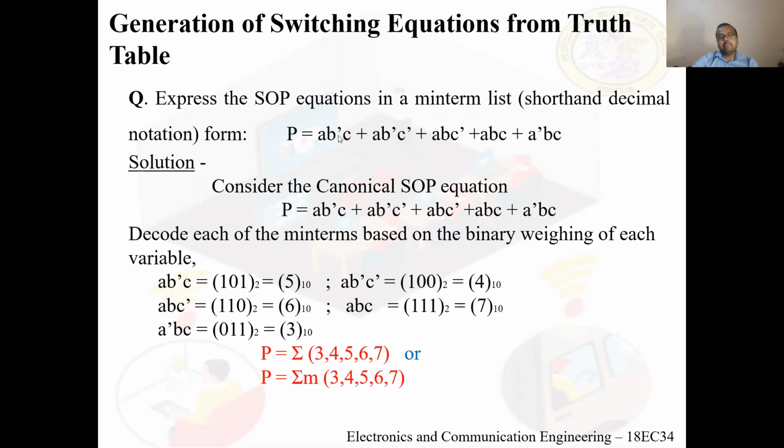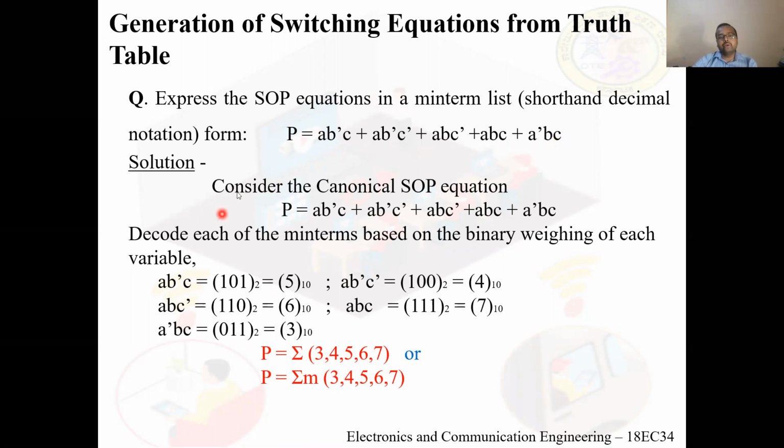P is equal to A B bar C or A B bar C bar or A B C bar or A B C or A bar B C. So how many product terms do we have now? 1, 2, 3, 4 and 5. And all these product terms are min terms. There are 5 min terms that we have now.